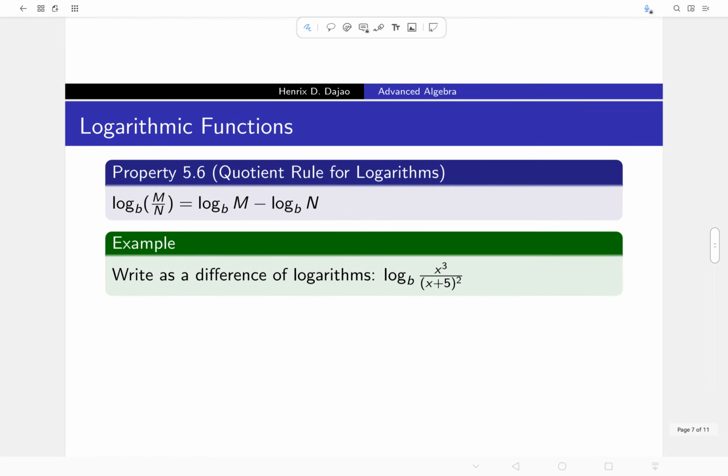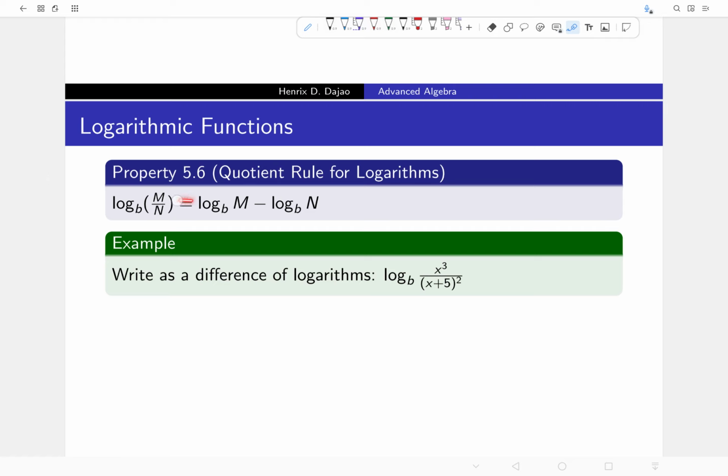Next is the quotient rule. It's very similar to the previous property, but this time make sure that our expression looks like this. It should be in this form, m over n.